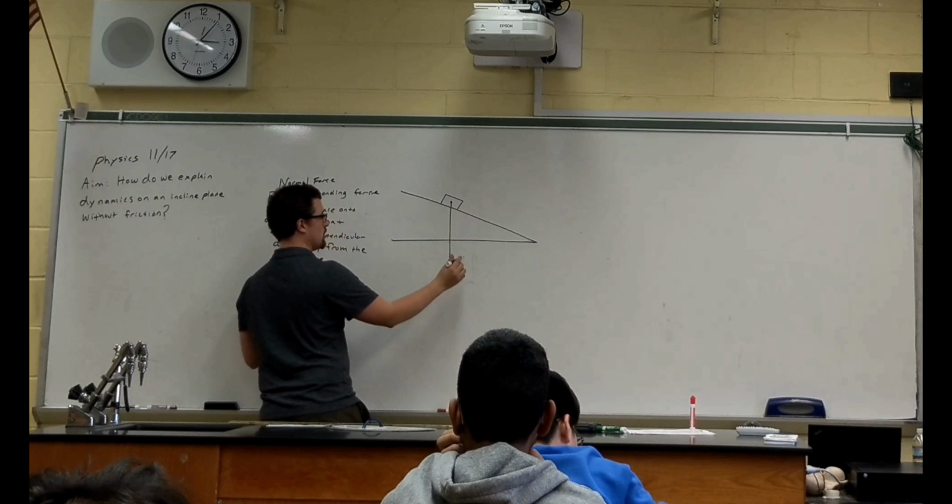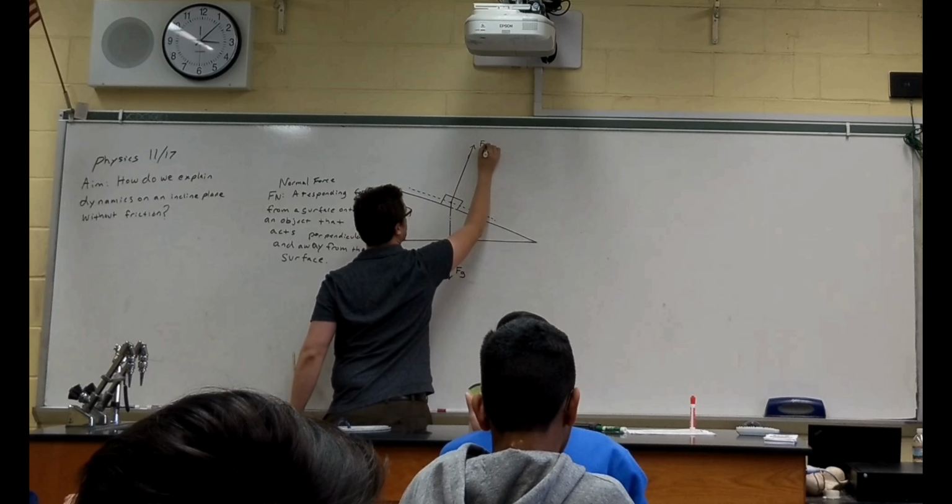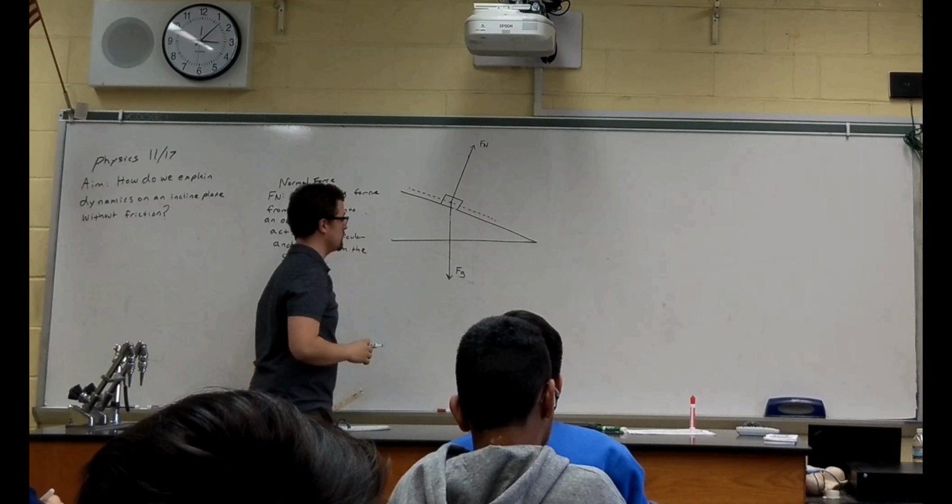The protractor is helpful. Then we draw an arrow, like so, and label it.